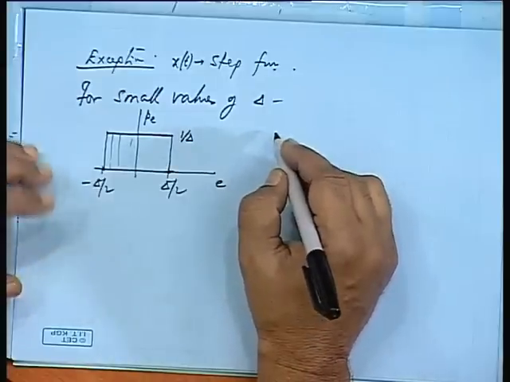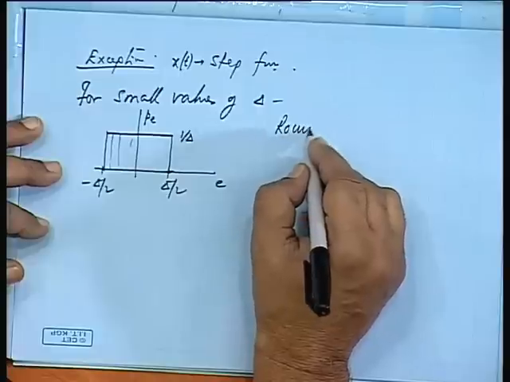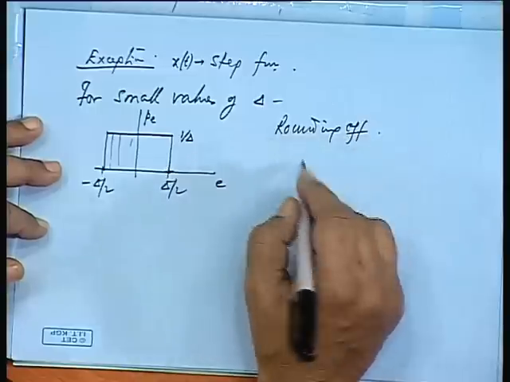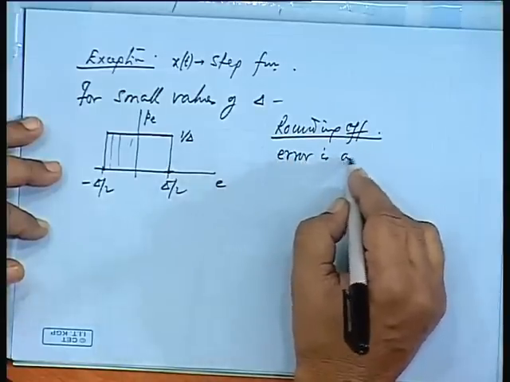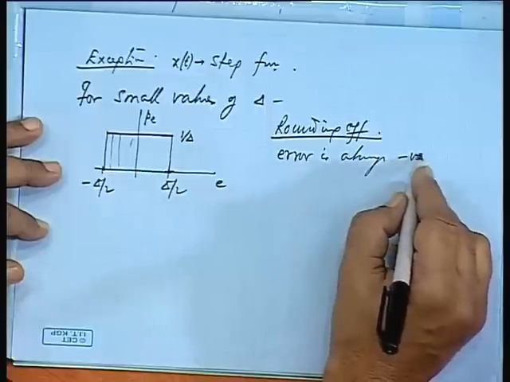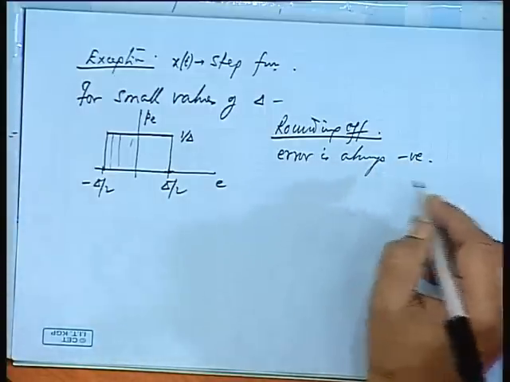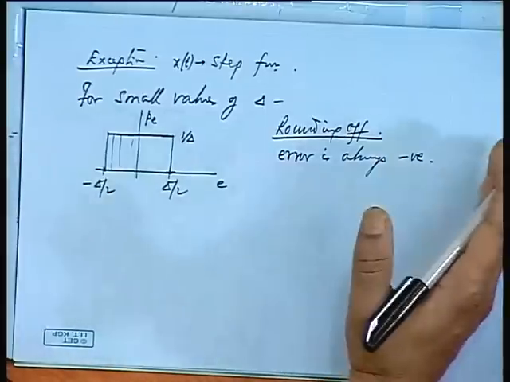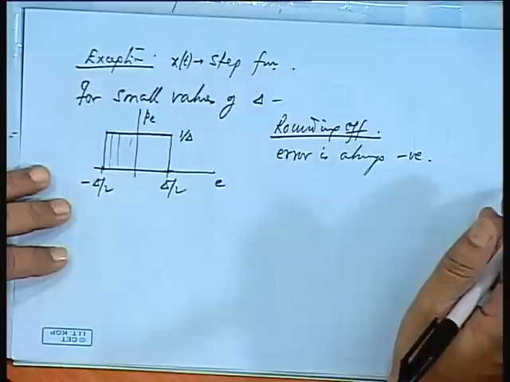If you go for, instead of truncation, a rounding off, then error is always negative. For example, 5.356, I round it off to, sorry, it's the other way around.